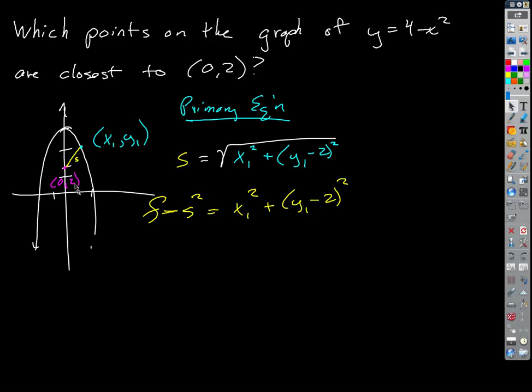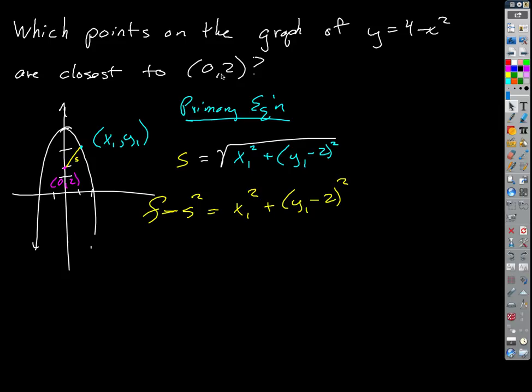But this is an important part here. We're able to make this a little bit easier, right? Because we're not trying to find the distance. That's not the question that's being asked. All we're trying to find is the location of the point closest to this point, right? That's going to be the point that minimizes distance. But we would prefer to minimize another easier function that's going to give us the same solution, right?